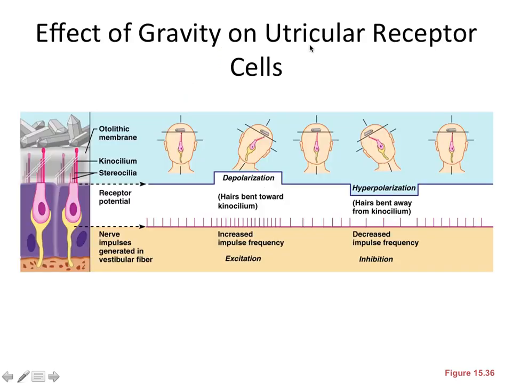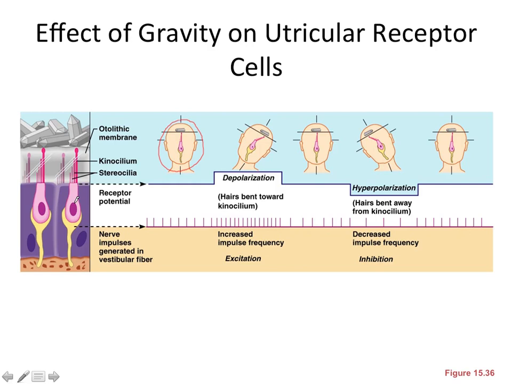As we can see here, if we move our hand, since otoliths are very heavy, for example, in this figure our hand is in a stationary position. That means the otolith doesn't move, and in this case the hair cells still generate a baseline action potential.